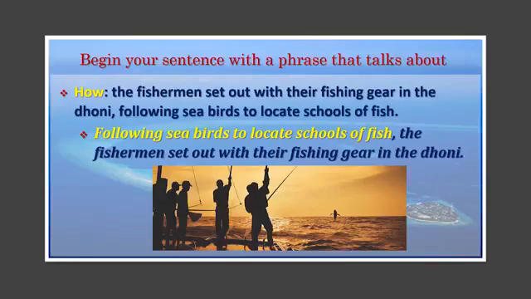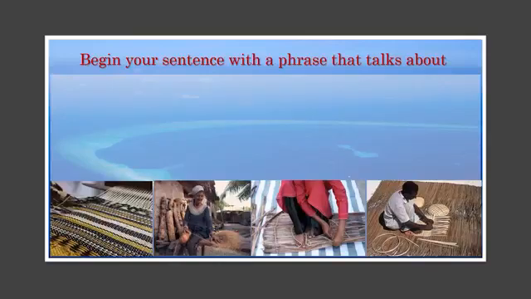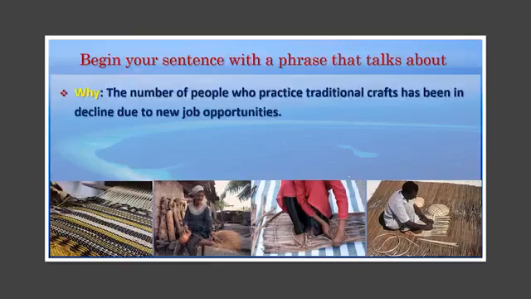Okay? Now let's look at the last way of how to begin a sentence in this lesson. Let's talk about traditional craft work. The number of people who practice traditional crafts has been in decline due to new job opportunities. Well, this is sad but true.